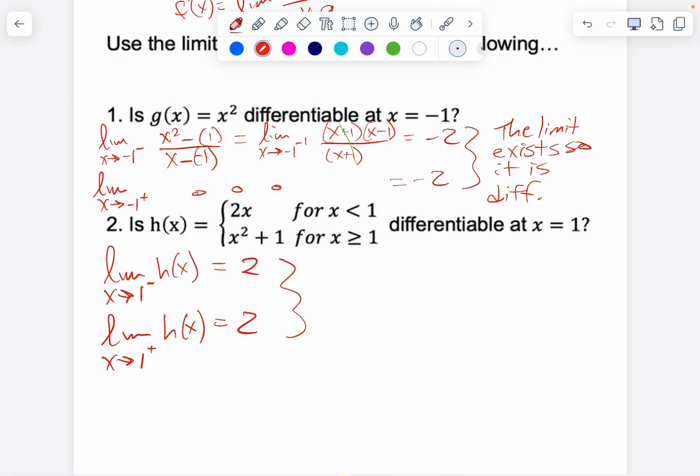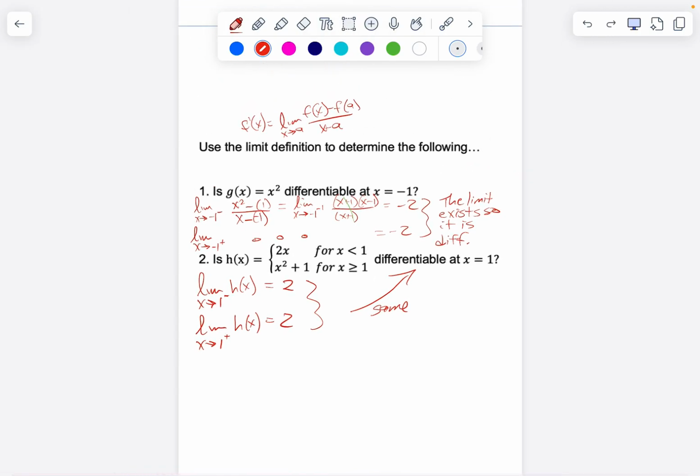So same thing, right? Had this been like -2, or maybe if our function rule had been -1 and the limits weren't the same, we would see a jump. And so would the derivative exist there? Would it be differentiable there? No. Okay. Questions on that one? Okay.